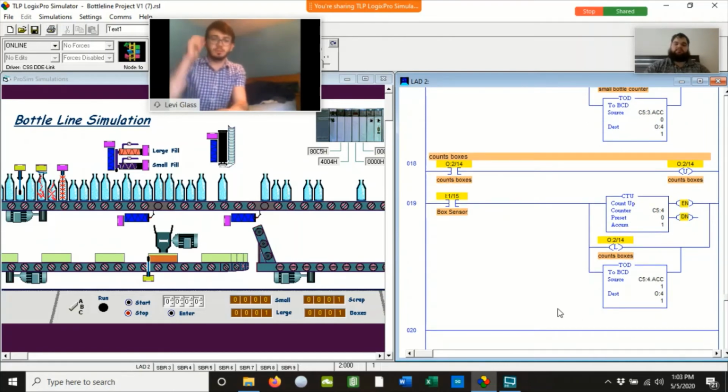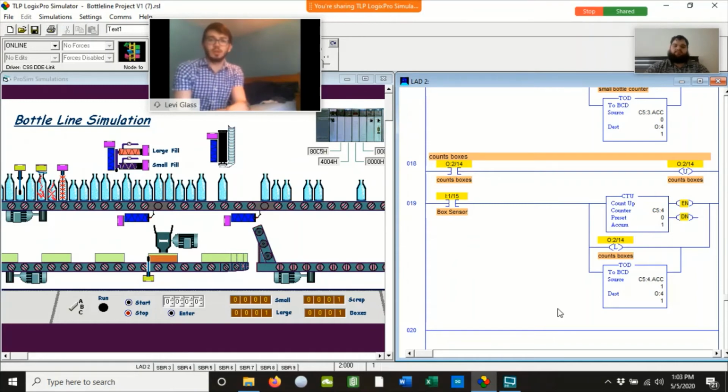All right, so what we have is the box sensor at rung 19. It latches on, then the output at 02/14.